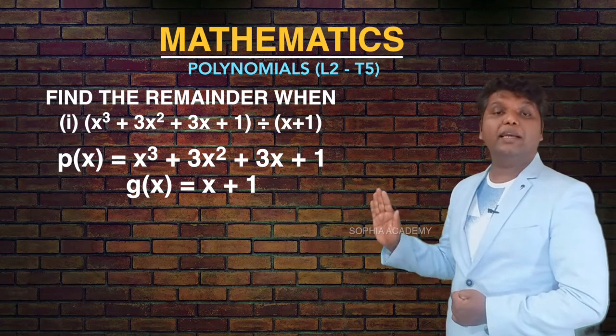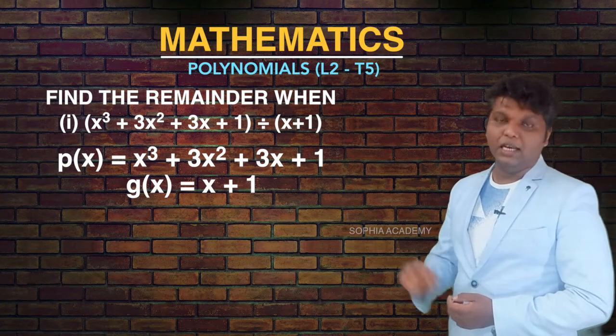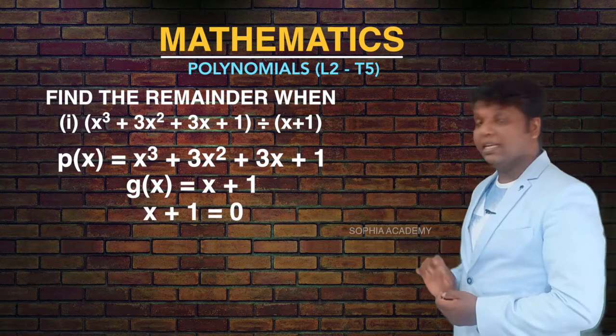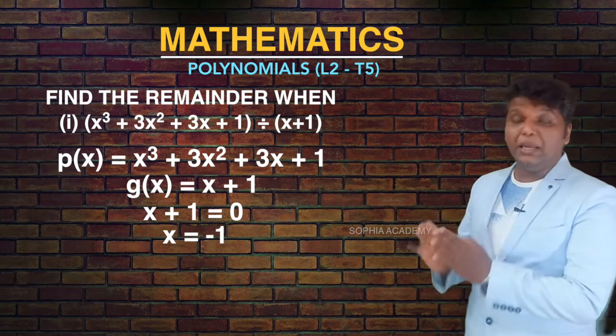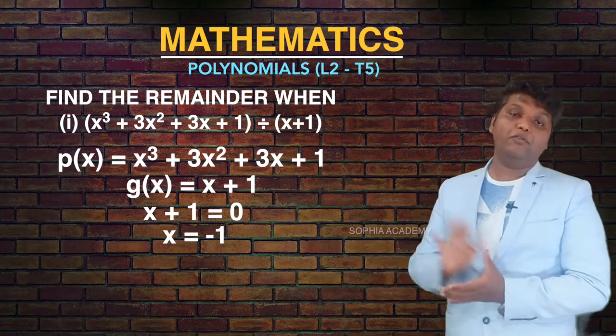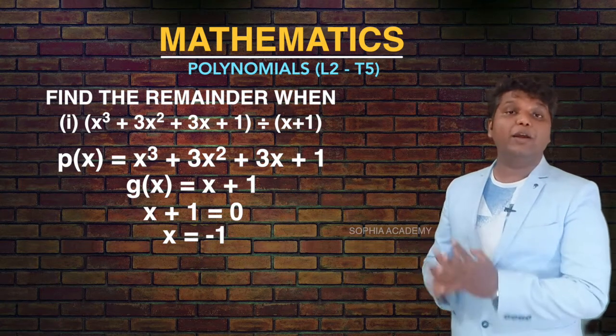You have to equate it to 0 and then find the value of x. So here we take x plus 1 is equal to 0. Therefore, x is equal to minus 1. That means p of minus 1 will be the remainder of this question. If you want to find the remainder, you have to find p of minus 1.